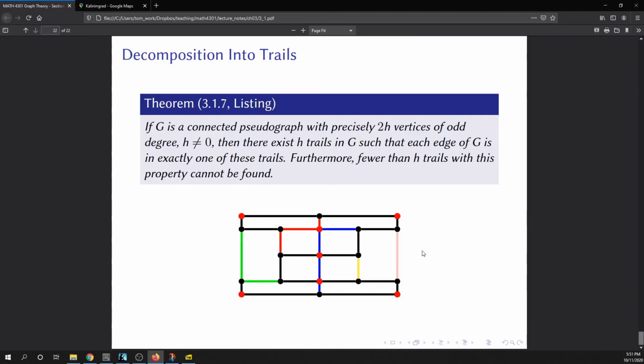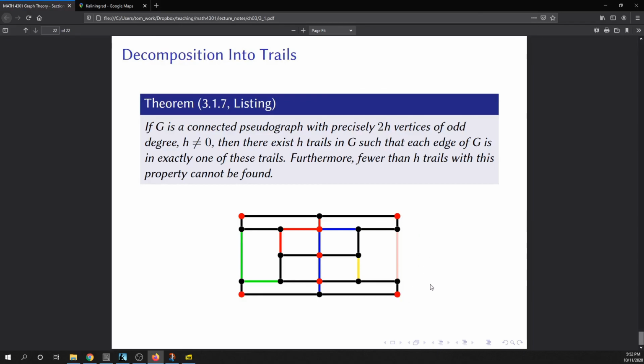One thing to notice is that these trails all begin and end at an odd vertex. If you look at all of the red vertices, those are the even ones, and you'll see that no trail begins or ends there. They have to go through those. So the idea behind the proof is that you have an even number of odd vertices, and you pair those up by putting a new edge in from one to the other.